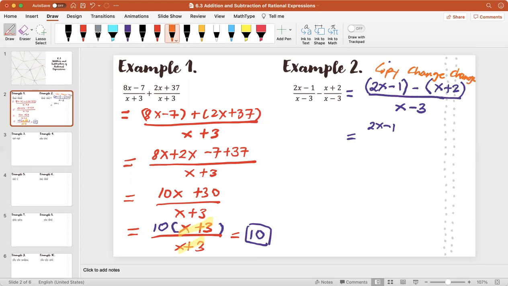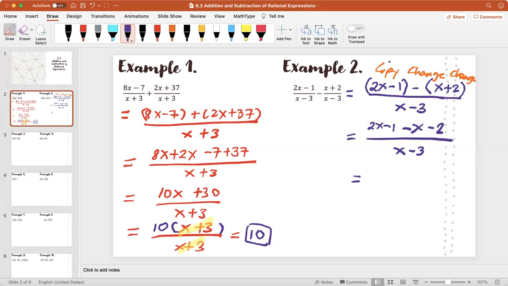So minus will now change to plus, and we'll change this sign. What will happen to x? Change all signs of your expression inside this parenthesis, x plus 2. So x becomes negative x. How about 2? You change the sign also. That becomes negative 2. And that's all over x minus 3.